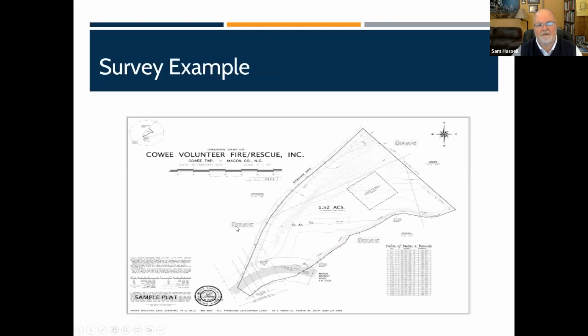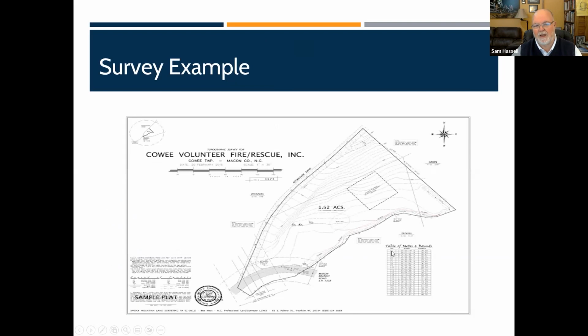So this is what a survey, a plat map would look like, right? I know that you can't see this very well, but see every time they change directions, they put in a new metes and bounds direction with compass points and feet. So we know when these are changed.